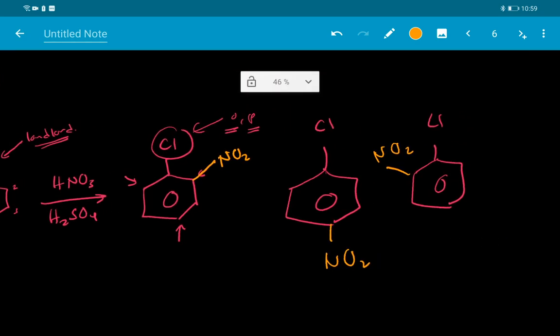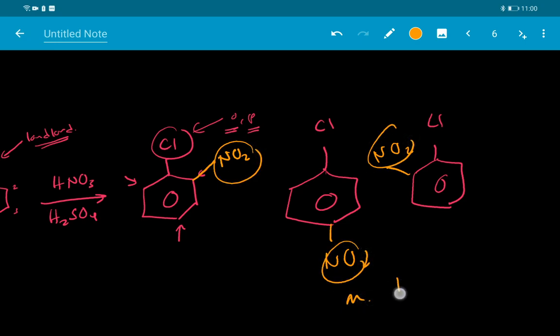This is just to tell you what is the function of the ortho-para directors. Although the nitro itself is a meta director, tapi dalam hal ni dia bertindak sebagai penyewa saja, pasal klorin adalah tuan rumah. Jadi dia kena dengar cakap klorin, kat mana yang boleh masuk. Okay, again, chlorine is the ortho-para director. It can only allow the nitro to go to carbon number 2, number 4, or number 6.